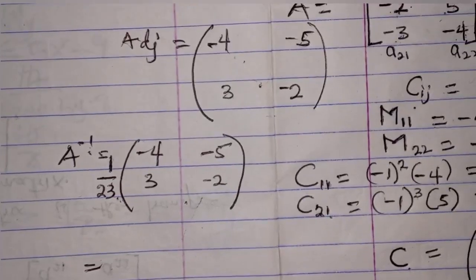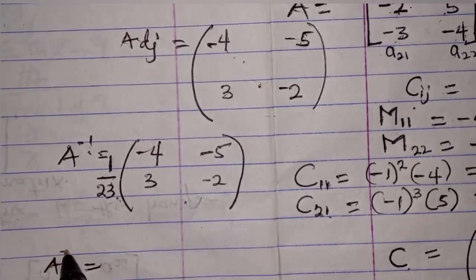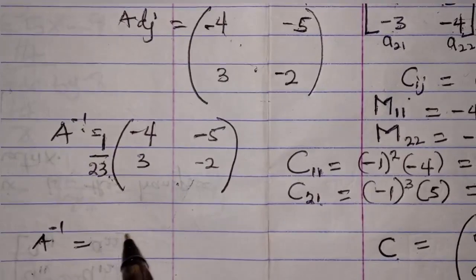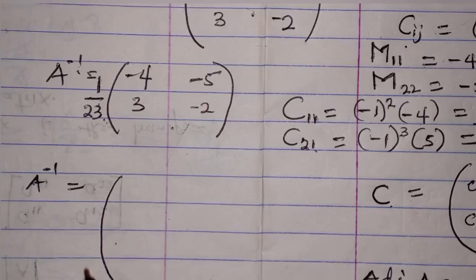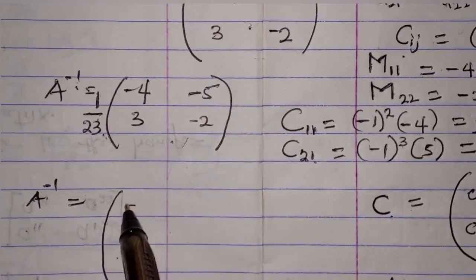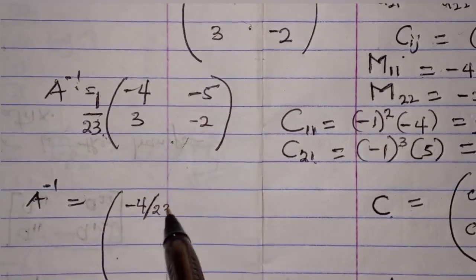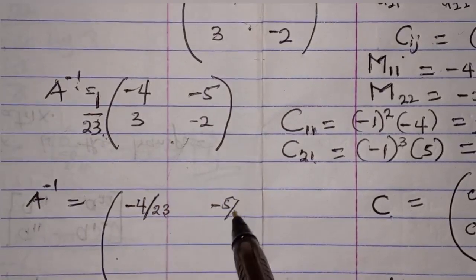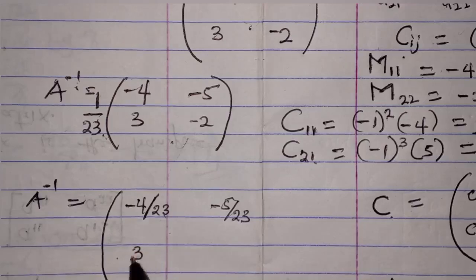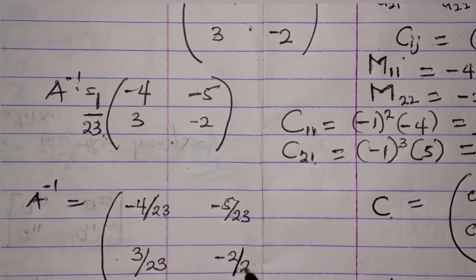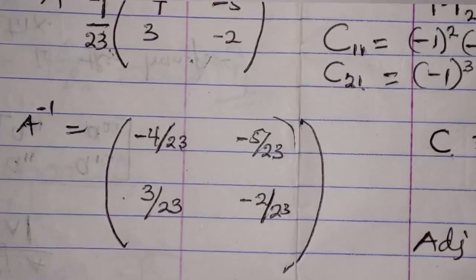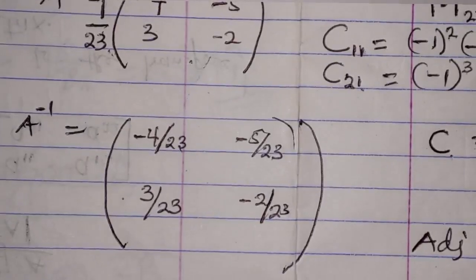We have the inverse equal to minus 4 over 23, minus 5 over 23, 3 over 23, and minus 2 over 23. This is how to find the inverse of a 2 by 2 matrix.